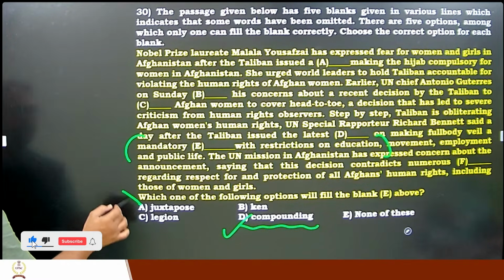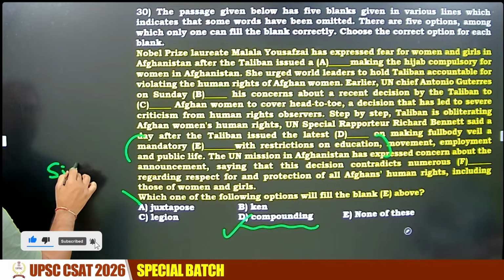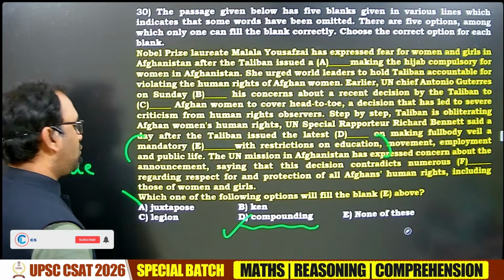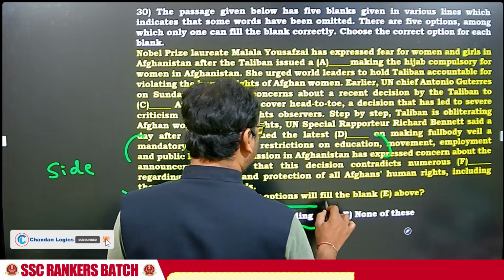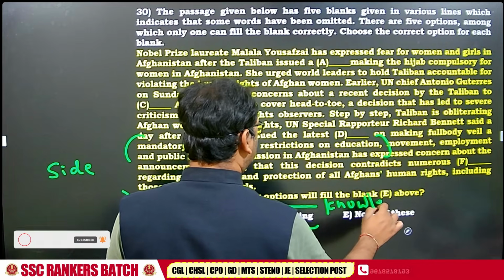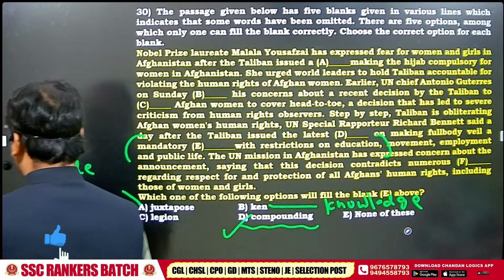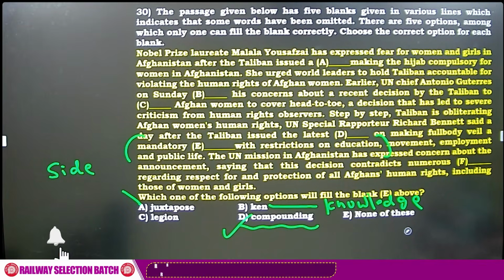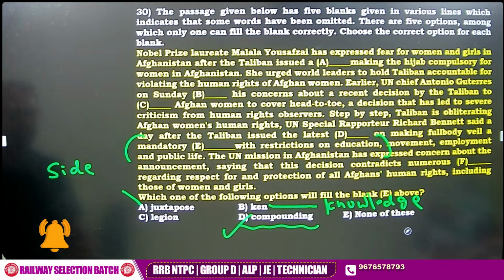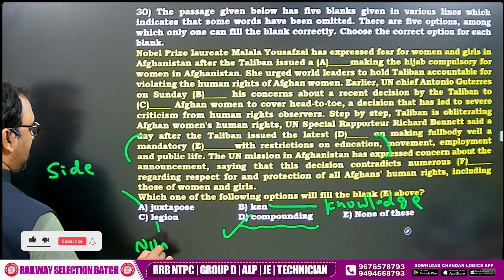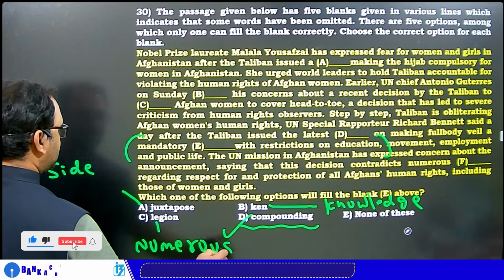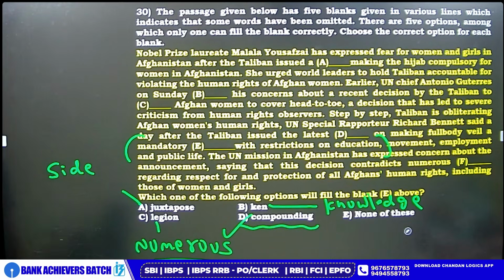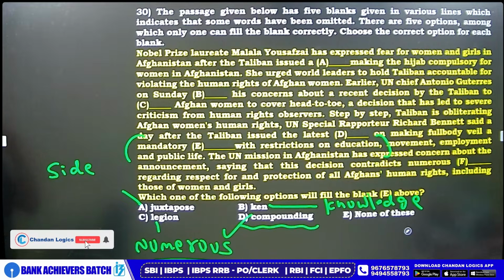Okay. So juxtapose means side by side. Ken is the range of knowledge. Legion means numerous, plenty.